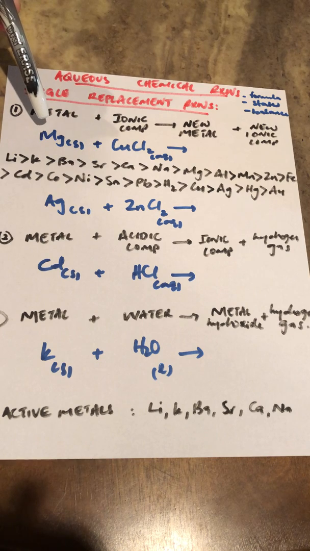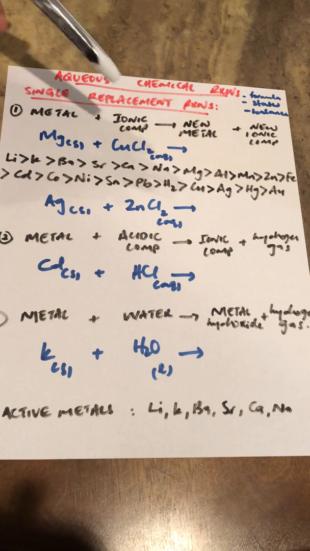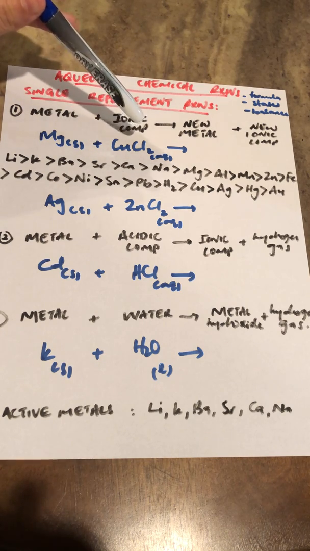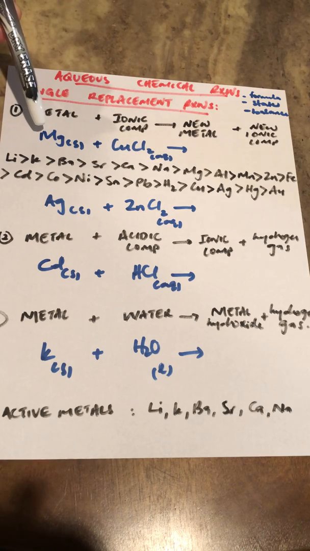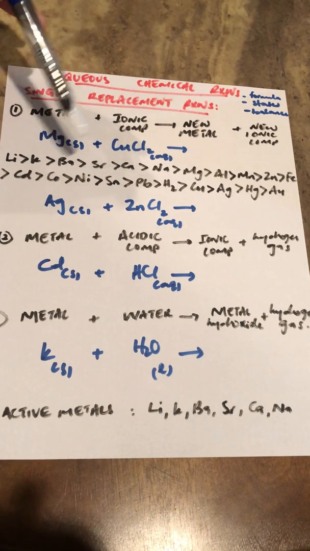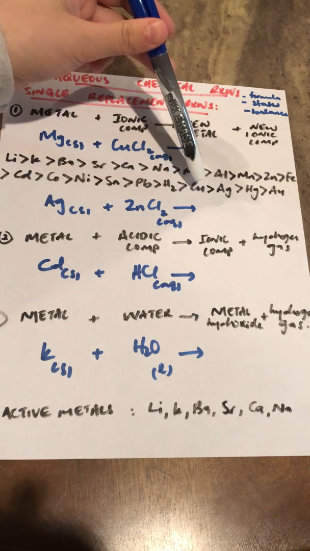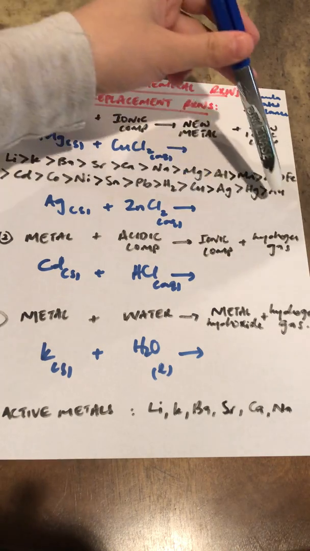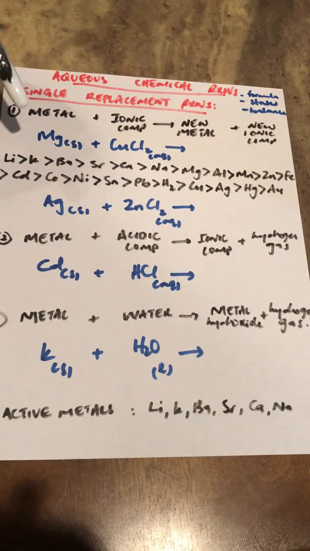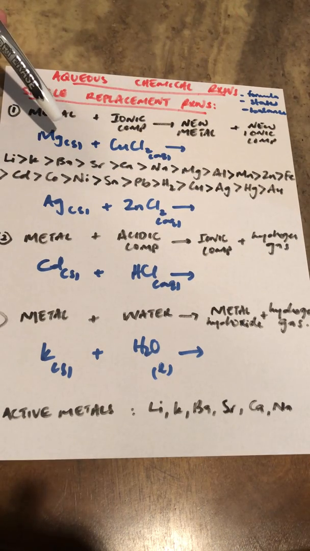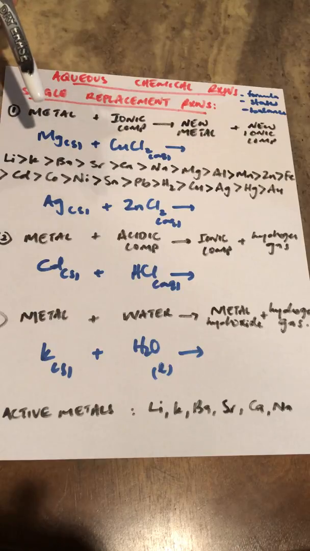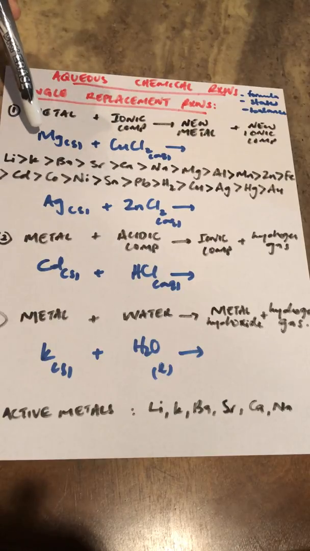Now in this example over here, we have magnesium metal reacting with copper(II) chloride. The first thing we're going to do is locate magnesium and copper on this list. So magnesium is right here, closer to lithium, and then we have copper over here, which is closer to gold. So we know that these two metals satisfy our condition of the metal that's by itself being the most reactive.